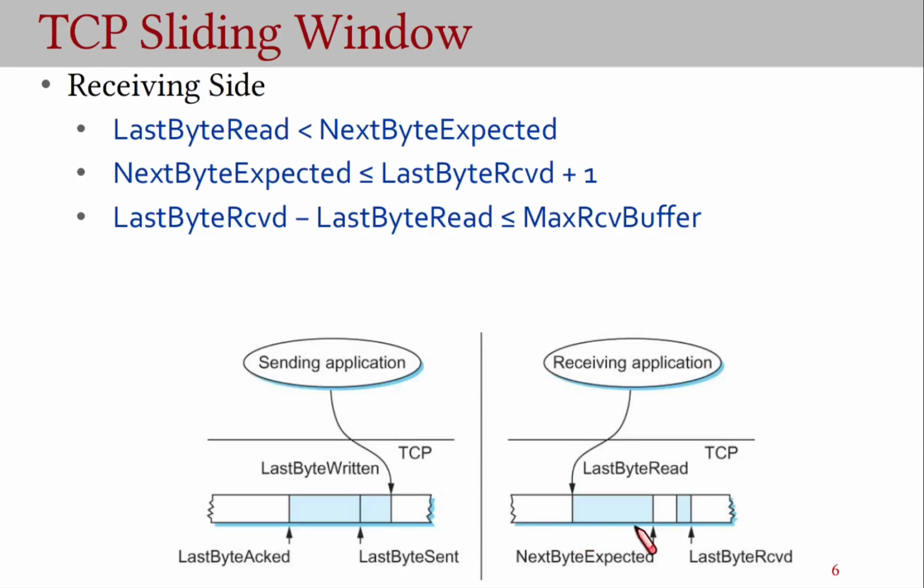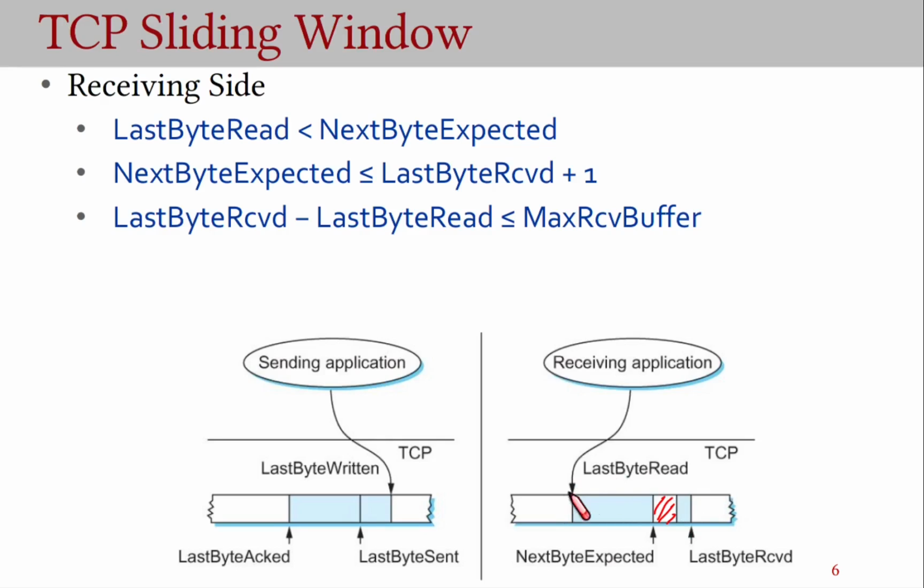On the receiving side, this is the data that has been received in order. So this is the last byte that was received in order, and this much data is missing, it's lost. And then there is some more data that was received, and the receiving application has read the data up to this point.